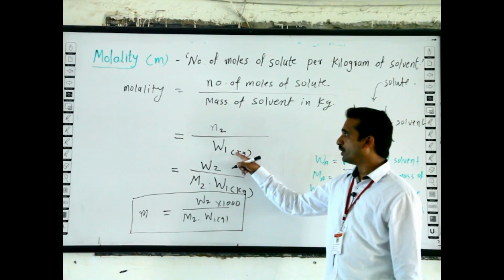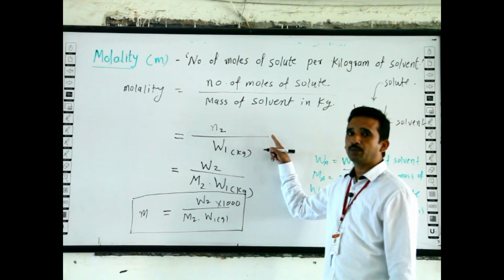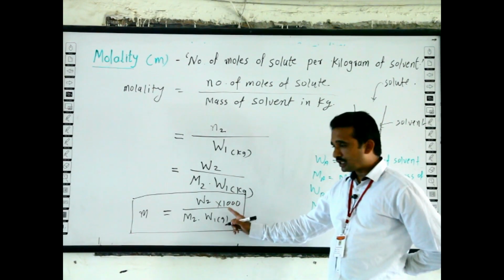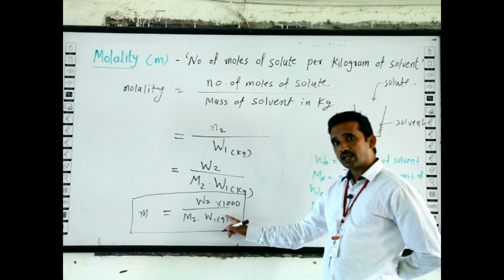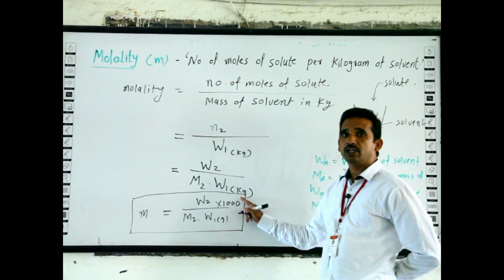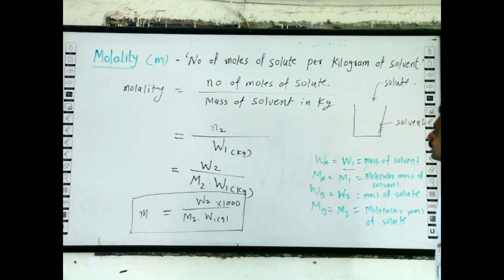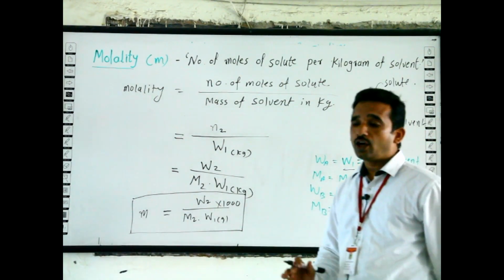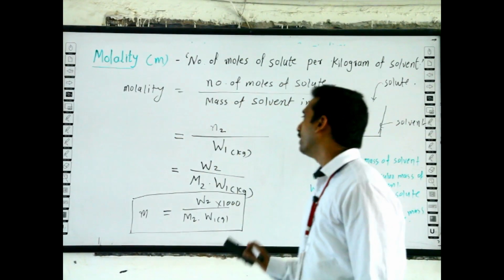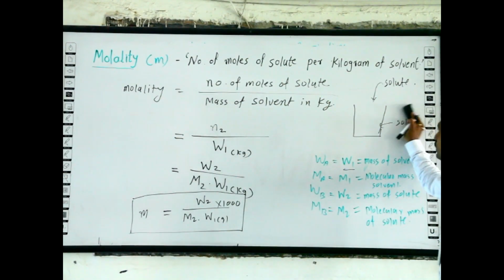If mass of solvent is in kg, there is no multiplier. If mass of solvent is in gram, there is 1000 as a multiplier. Hence we calculate molality of the given solution by using this formula.